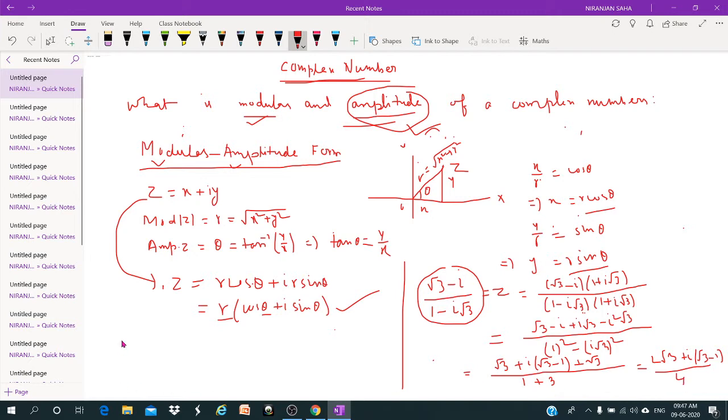So we can write this as equal to √3/2 + i/2.